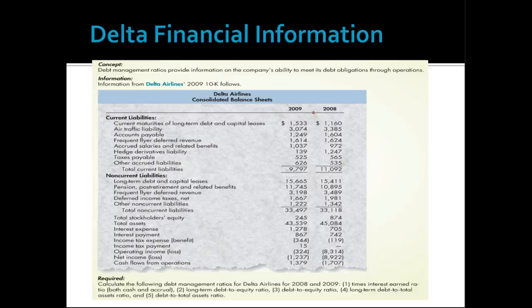If I look for the total liabilities here, I would need to add the total current liabilities plus the total non-current liabilities. I would add those together and determine that it's approximately $34 billion of total liabilities, and I'm going to divide that by total equity here.